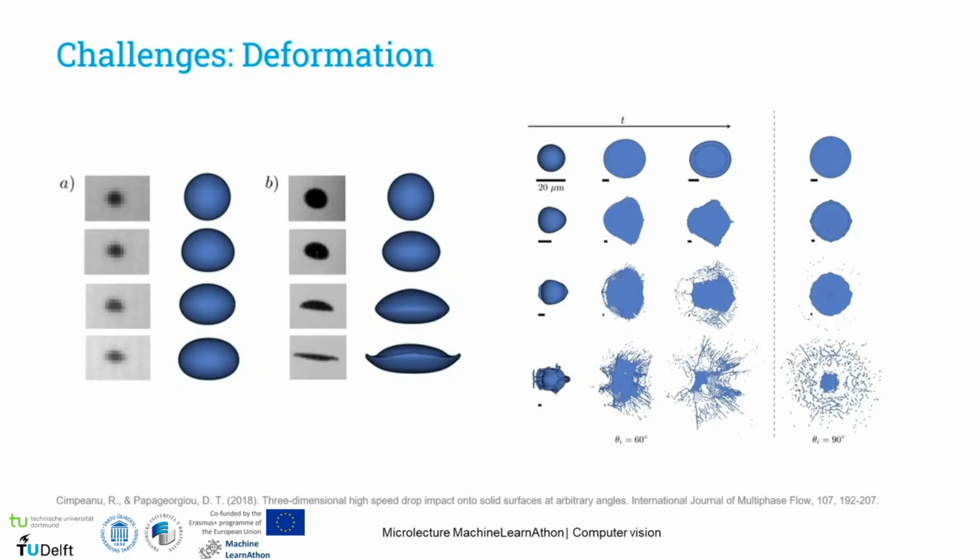Next is deformation. If you look at bubble columns, for example, I'm not sure if some of you may have done your bachelor thesis on this, or have maybe looked at microreactors. For us as humans, we know that these bubbles may be deformable, but again, for a computer, this looks completely different.